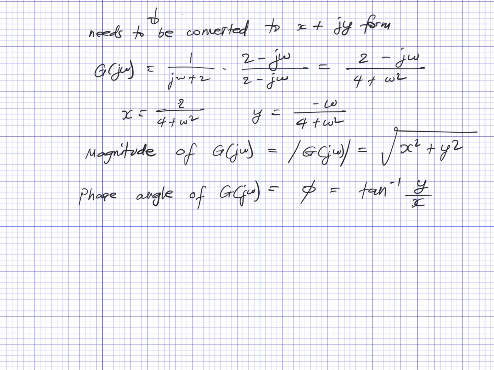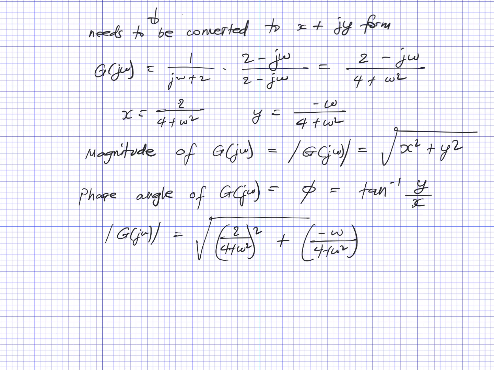Given our transfer function, the magnitude is equal to the square root of the x component, 2 over 4 plus omega squared, squared, plus negative omega over 4 plus omega squared, squared.